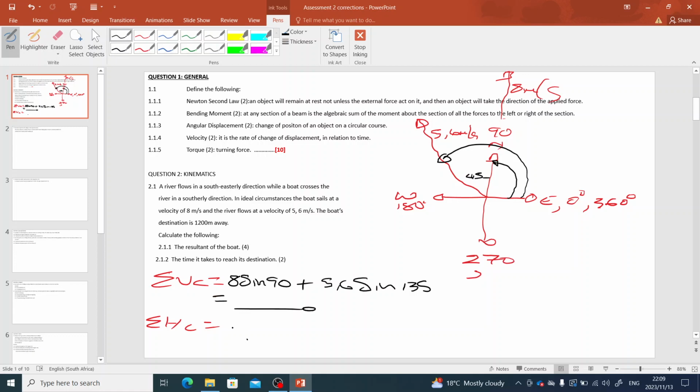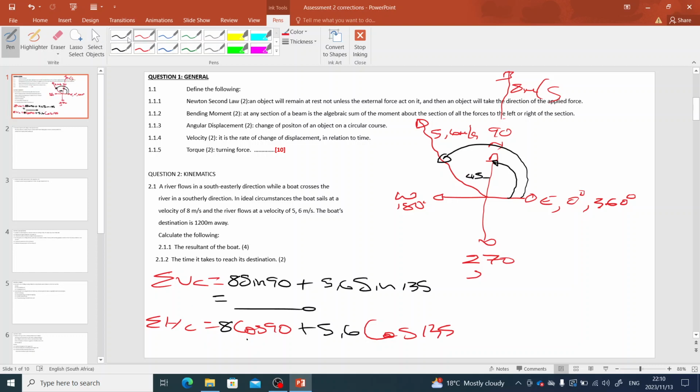If you've used this method, then in calculating the horizontal component, we write everything as it is. Where the sine is, we put cos. It will be 8 cos 90 plus 5.6 cos 135.